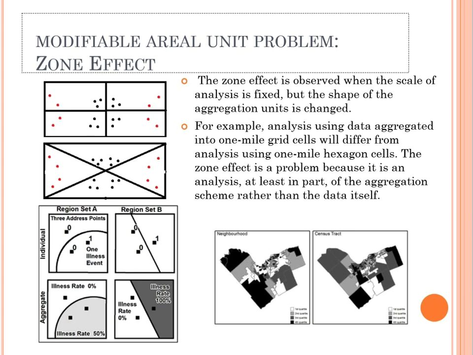The zone effect is a problem because it is an analysis, at least in part, of the aggregation scheme rather than the data itself. Again, the shape of the aggregation unit is changed. For example, instead of 4 rectangles, if you're using 4 triangular areas, our representation or our results are different.